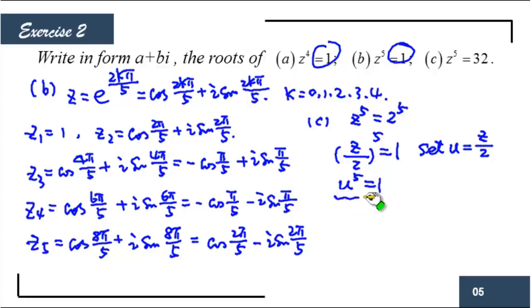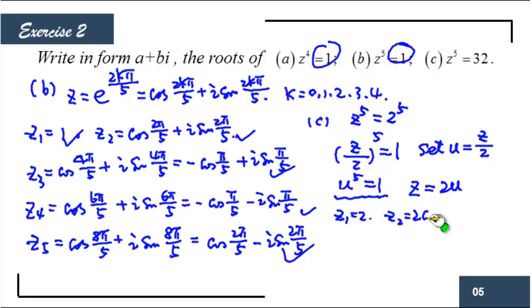And this problem is exactly the same as the problem before. So the result of this: Z is equal to 2U, and U is exactly the same as before. So the result is 2; the second one is 2 times cosine 2π over 5 plus i times 2 sine 2π over 5.